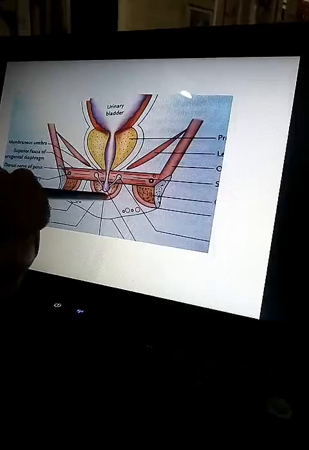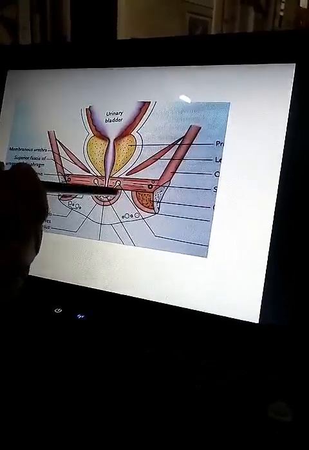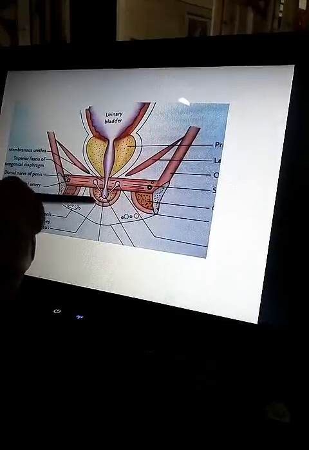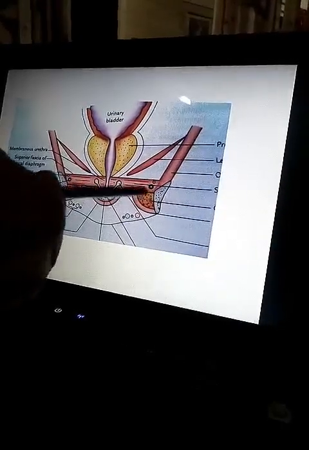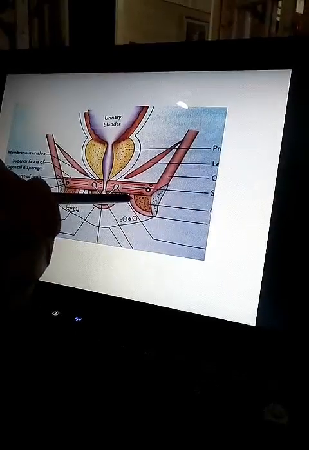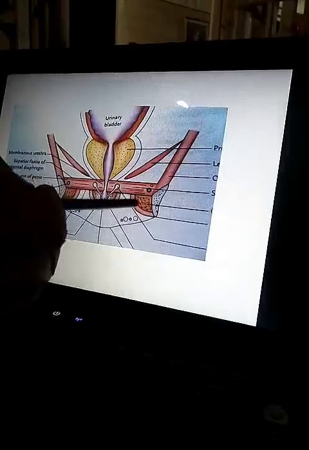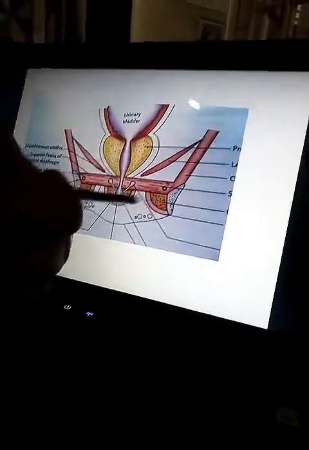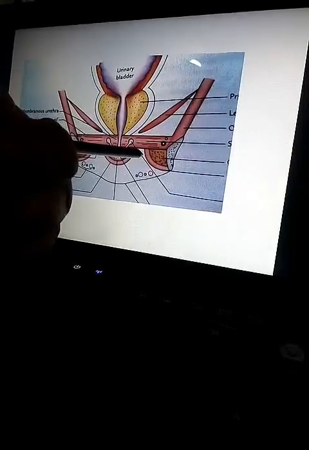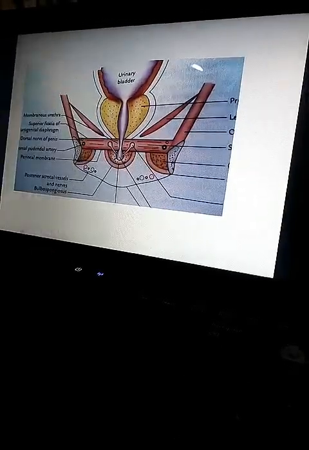You can see the root of the penis and some muscles: bulbospongiosus covering the bulb of the penis, ischiocavernosus on each side covering the crus of the penis, and superficial transverse perineal muscle on each side running transversely from the perineal body to the ischial ramus.